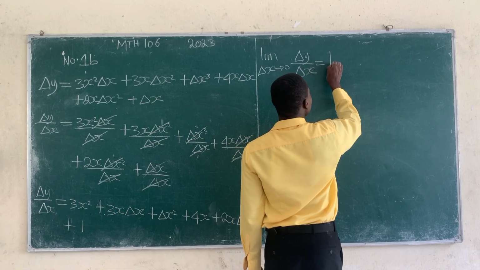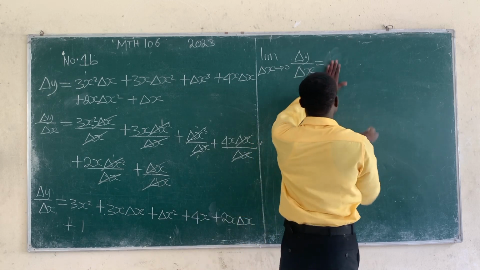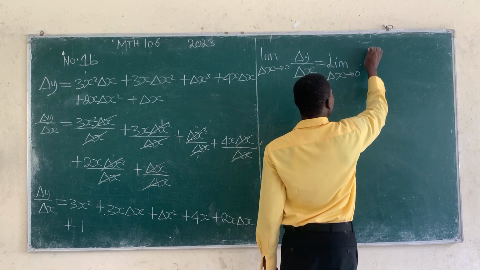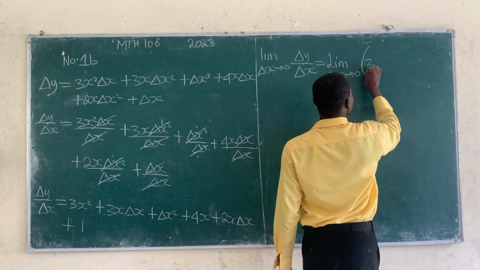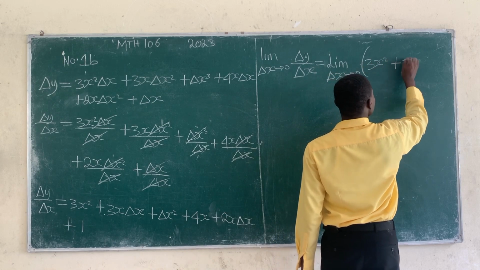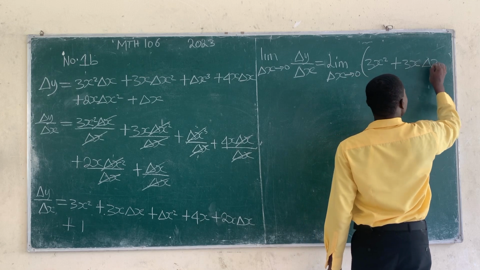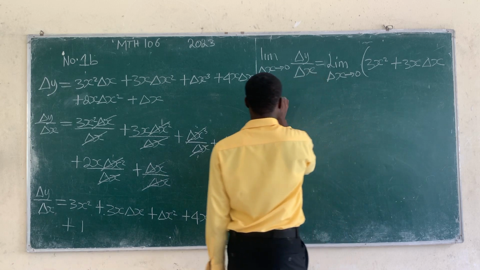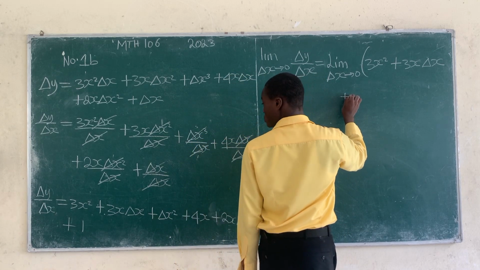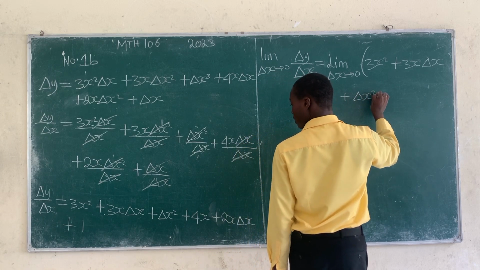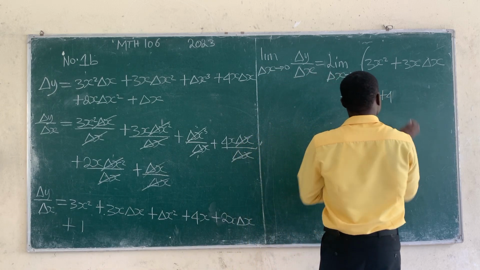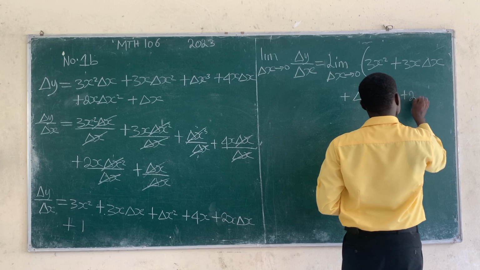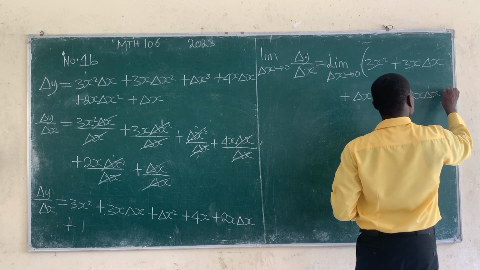So we are going to have the limit as increase in x approaches 0 of what we have here, which is 3x squared plus 3x increase in x plus increase in x squared plus 4x plus 2x increase in x plus 1.